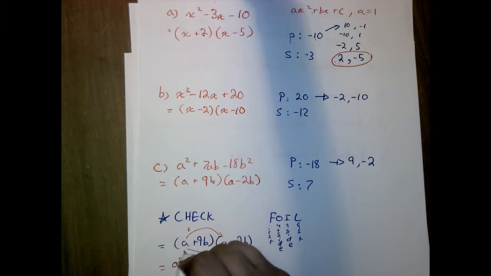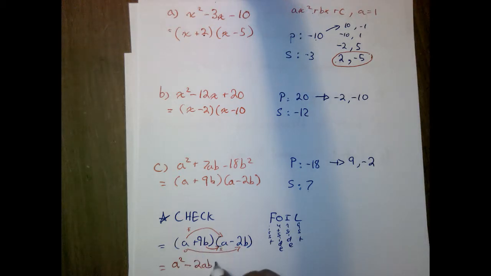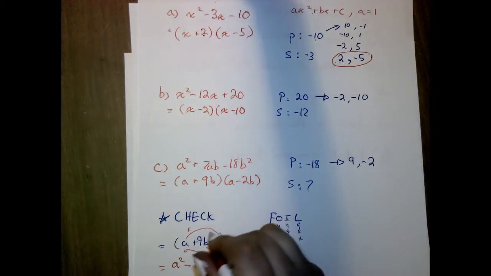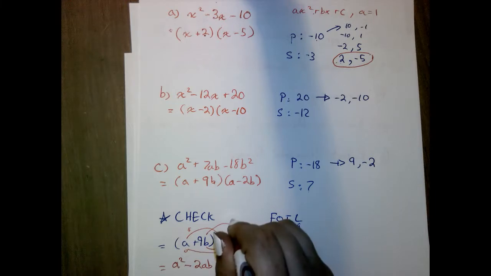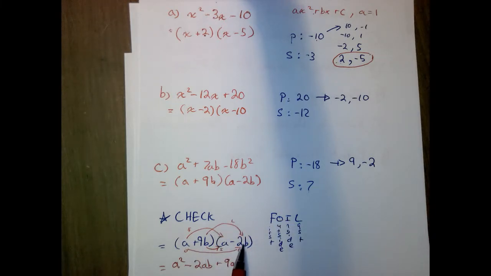This is my outside. And then I'm going to multiply my inside terms over here. So I have 9b times a, so I have 9ab. And then I'm going to multiply my last terms over here. So 9b times negative 2b is minus 18b squared.